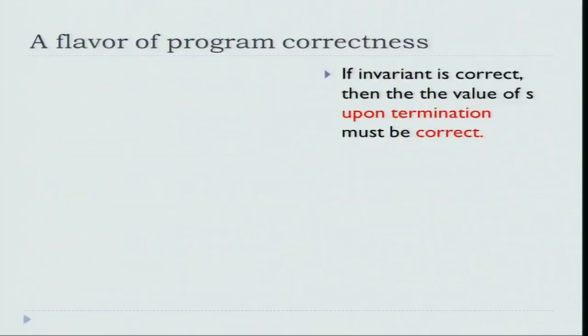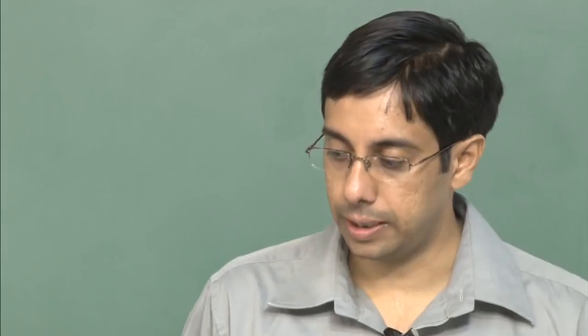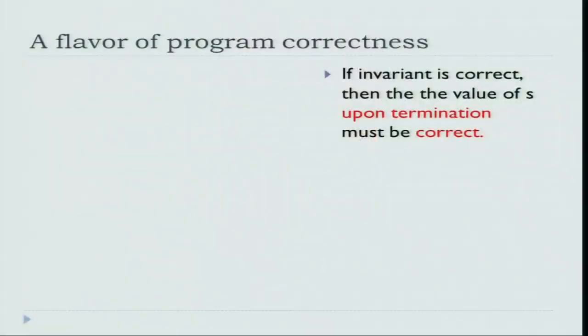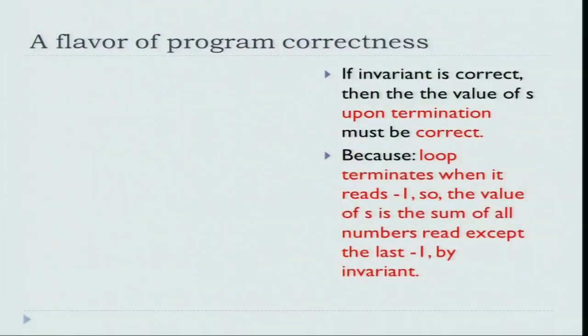If the loop invariant is correct and the program maintains the loop invariant, then the value of S when the program stops will be correct. Why is that? Because the loop terminates because the last value read was a minus 1. And the invariant says that S holds the sum of all values except the last value.